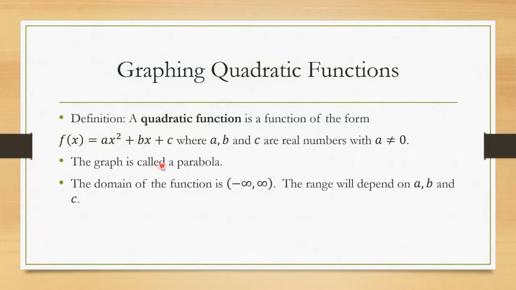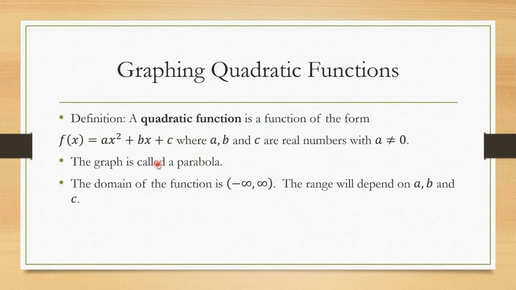The graph of it that we're going to graph, it's called a parabola. I mean, of course, the graph will depend on a, b, and c. And it's called a parabola, in fact, no matter what. The domain, what's nice about these functions is the domain doesn't change. The range will change. The range will depend on a, b, and c.